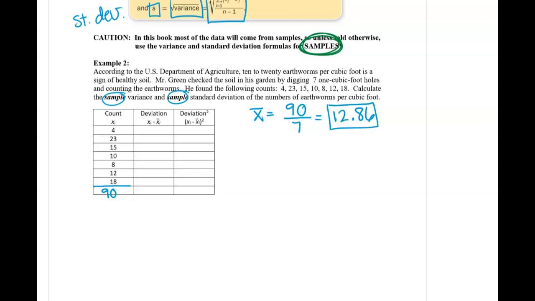And then for this next column, you subtract 12.86 from every single one of these numbers. This is fine to use your calculator on if you're doing it on your own, because it's a little bit tricky to do in your head, I think.